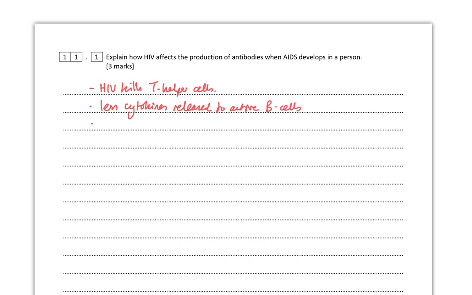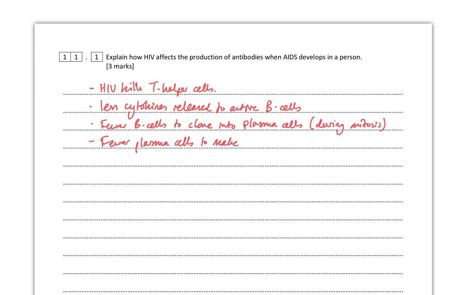So then I've got fewer B cells to clone into plasma cells, by mitosis. So then I've got fewer plasma cells to make antibodies. There you go, answer the question.